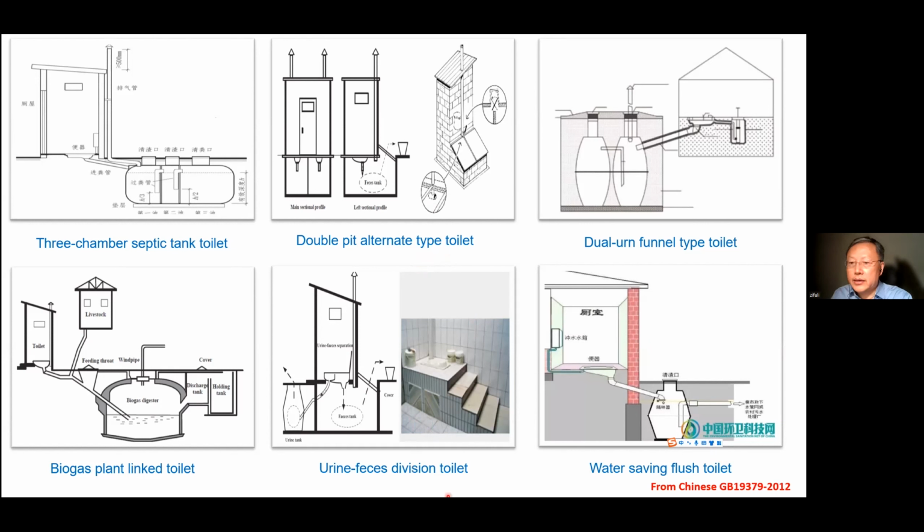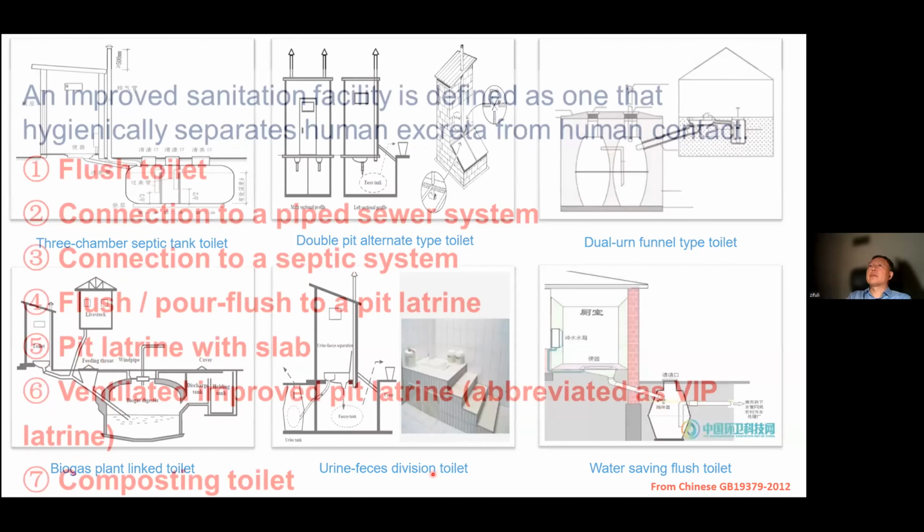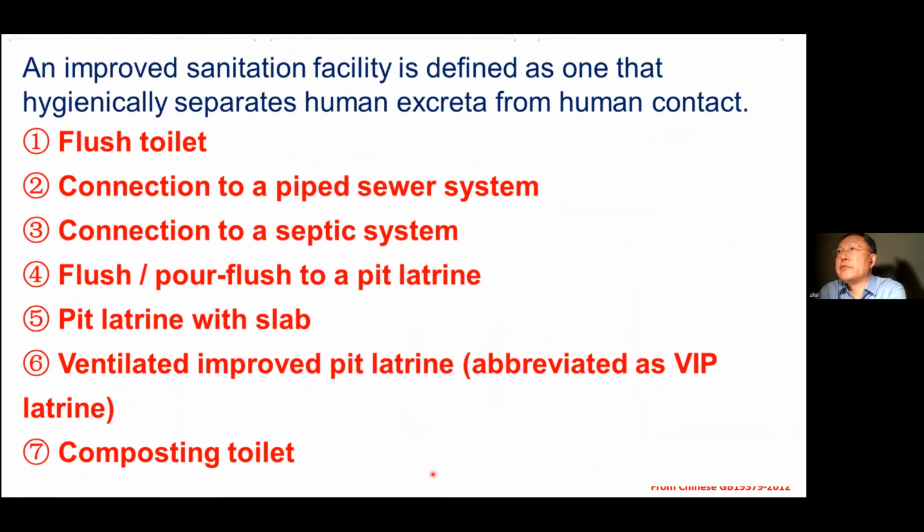And compared to the MDG, in the joint monitoring program by UNICEF and WHO, they recommended seven improved sanitary facilities. So there are some differences between the improved sanitary facilities recommended under the MDG and the Chinese national standard. We can see here that the biogas linked toilet is not included.